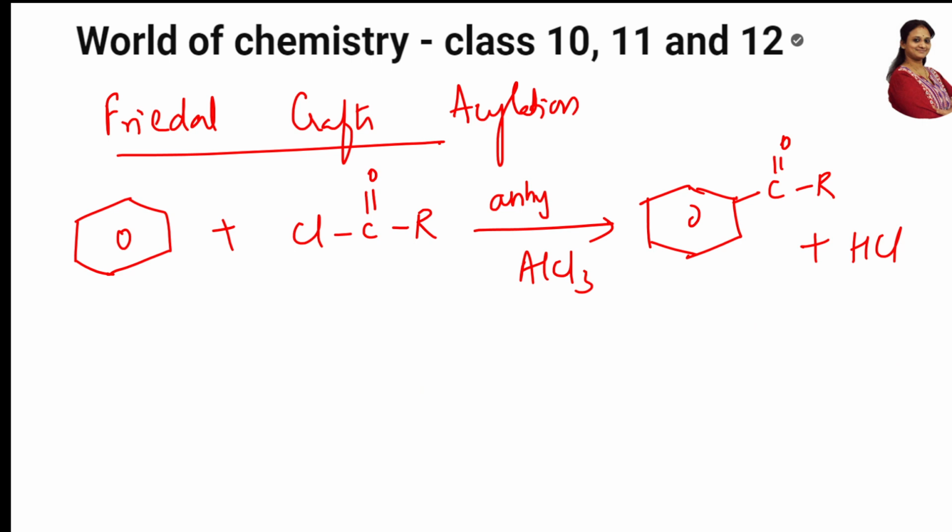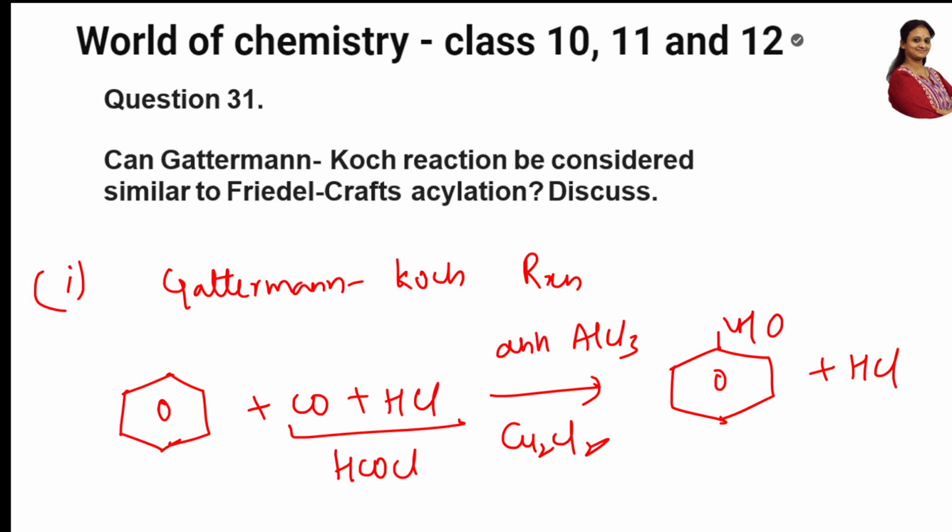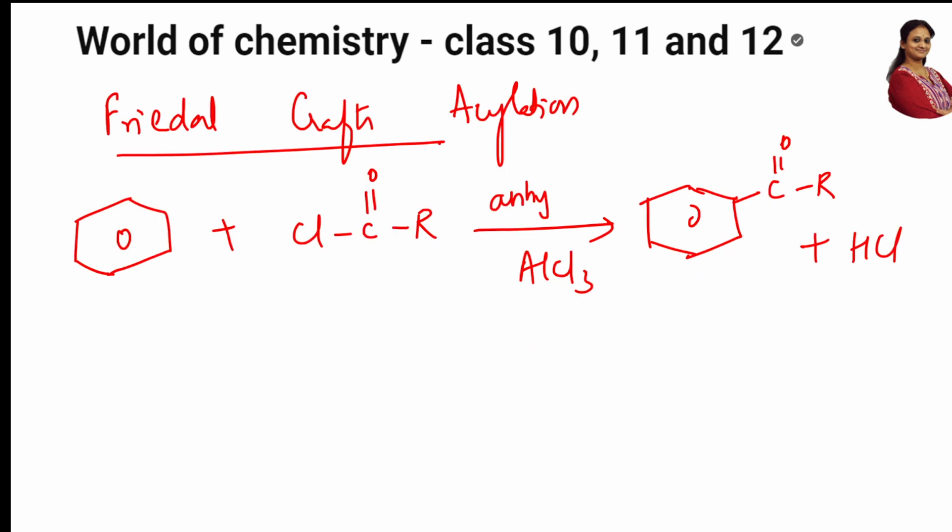First of all, you understand the Gattermann-Koch synthesis. This particular reaction is called formylation. That means you're introducing a CHO group into the ring. Friedel-Crafts acylation is introducing an RCO group. You're adding an RCO group to this.